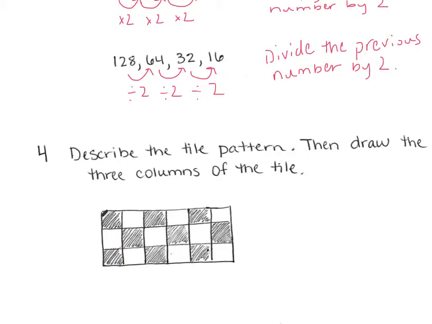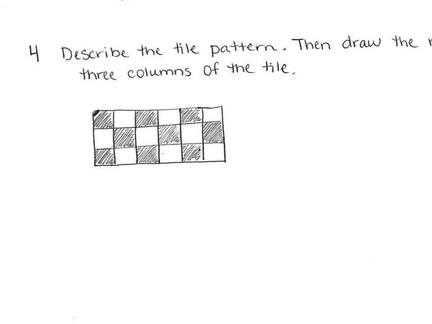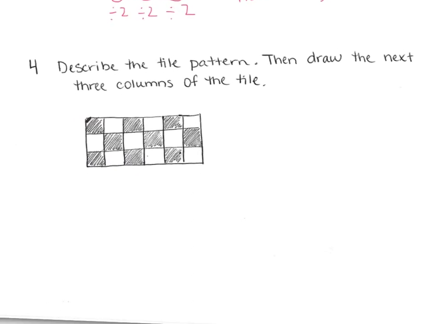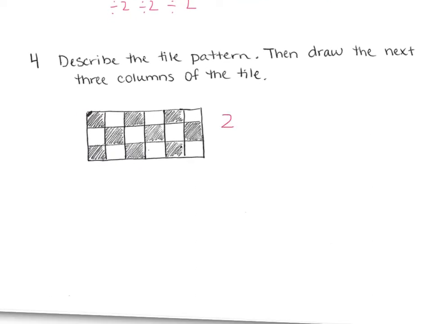Moving on to the next part of the test, number 4 is going to be to describe the pattern question. You're going to have to describe the pattern and then draw the next series in the pattern. This is a tile pattern. I could describe this as, possibly, answers could vary here, 2 shaded, 1 shaded, 2 shaded, 1 shaded, 2 shaded, 1 shaded, 2 shaded, and that pattern continues.